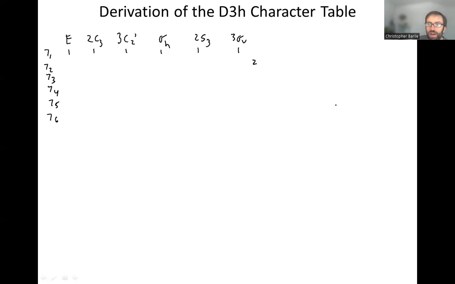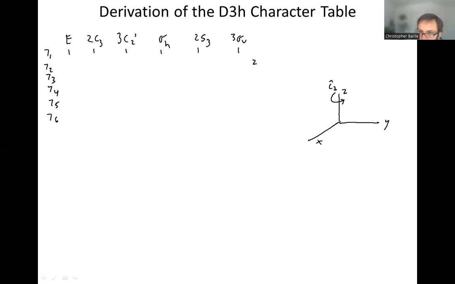That's almost always going to give you the simplest answer because z is defined as being coincident with your principal rotation axis. Your principal rotation axis here is a C3, so wrapping around this z pole is going to be our C3 operation, also our C3 squared, but we just need to think about the C3.